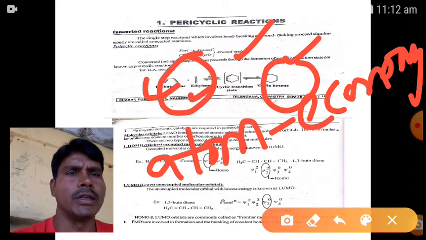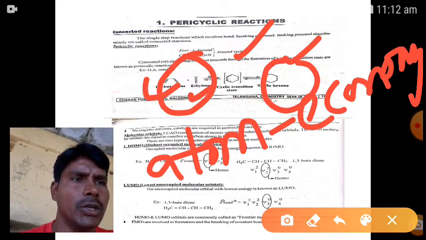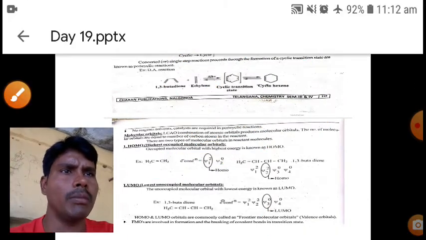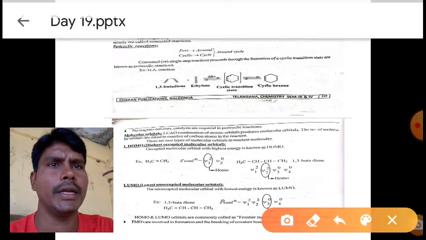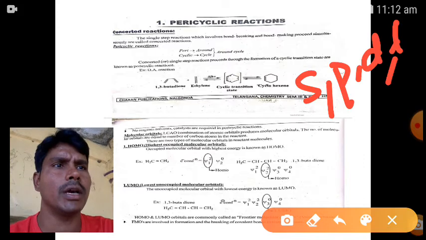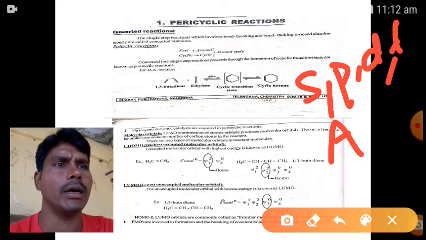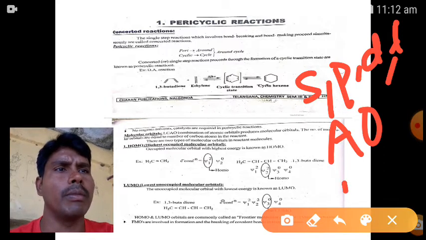We check here. First of all, molecular orbitals. As you already know, atomic orbitals are s, p, d, f. These atomic orbitals combine to give molecular orbitals.